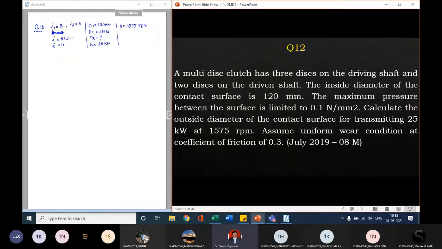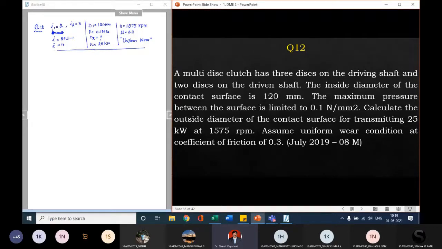Assume uniform wear condition, with coefficient of friction 0.3, mu 0.3. We are going to use uniform wear. This is exactly the problem which we are going to solve now. So let us see the numerical.